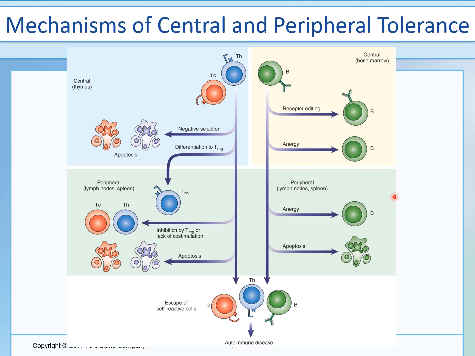Self-reactive B cells in the periphery can be deleted by apoptosis or rendered non-functional by repeat stimulation with self-antigens or receipt of inhibitory signals. In some individuals, this central and peripheral tolerance fail to occur, and then this is when autoimmunity results.